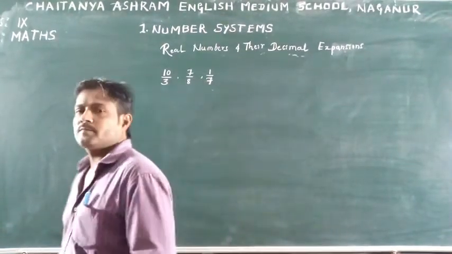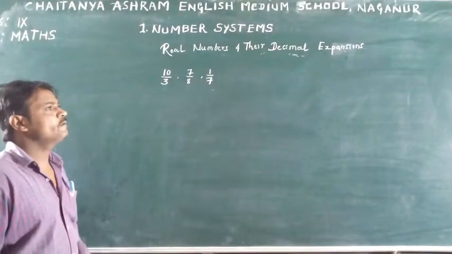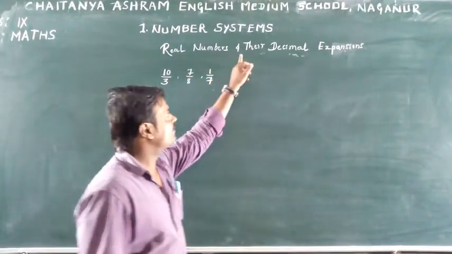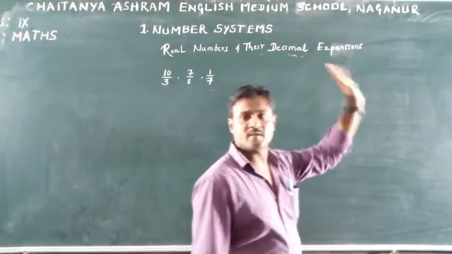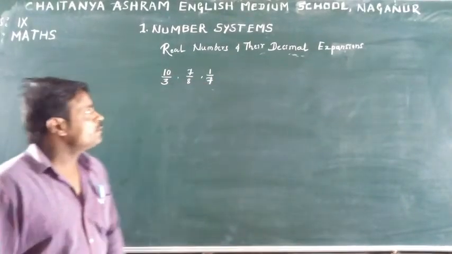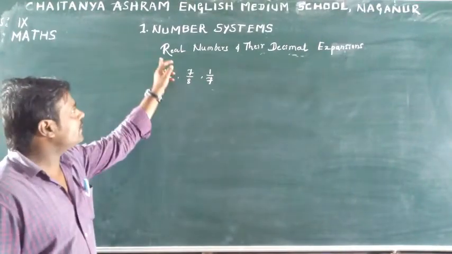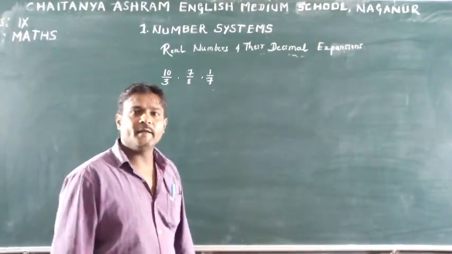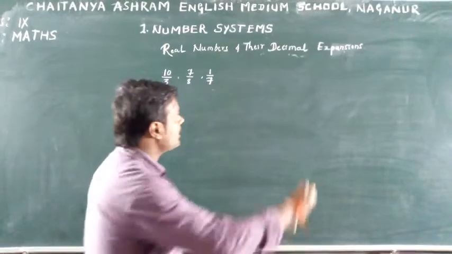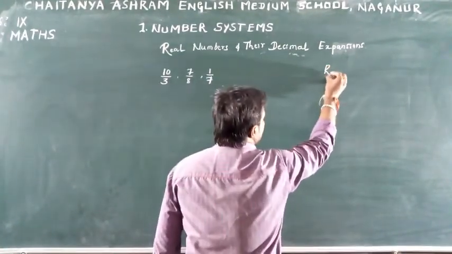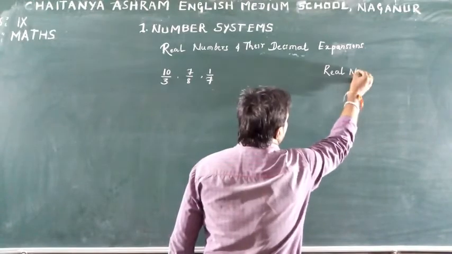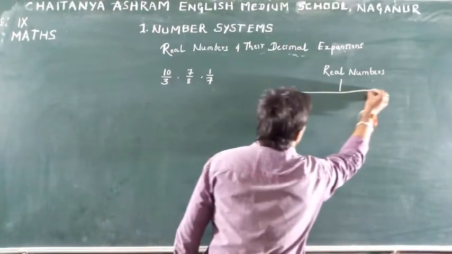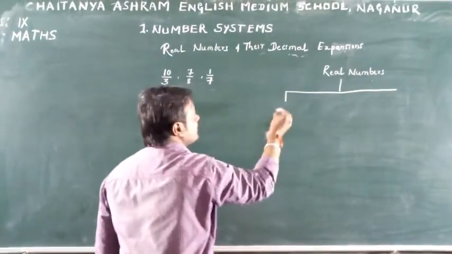Now, dear children, in this video, we are going to learn real numbers and their decimal expansions. We know that real numbers are the collection of rational and irrational numbers together.